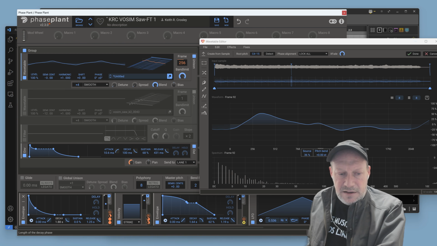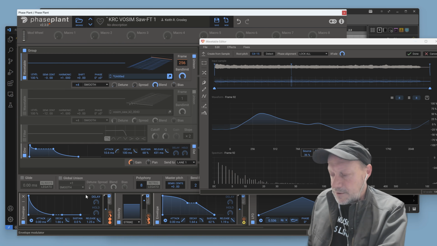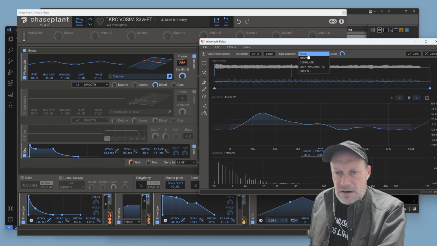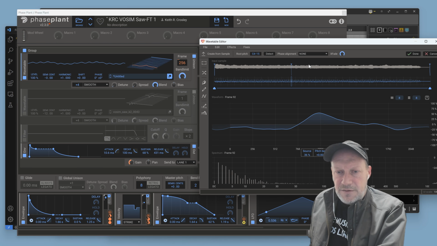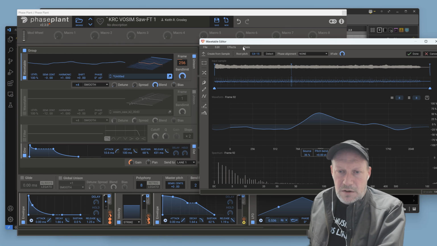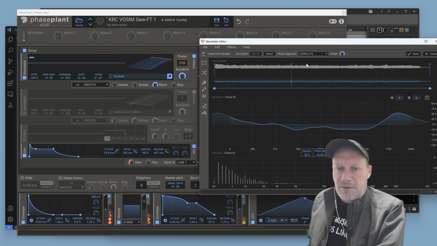We could change the speed with which we traverse the wavetable to try to even that out a bit. Turn it off, the phase alignment. Whoa! That's not very good. So there's challenges, right, in doing this.